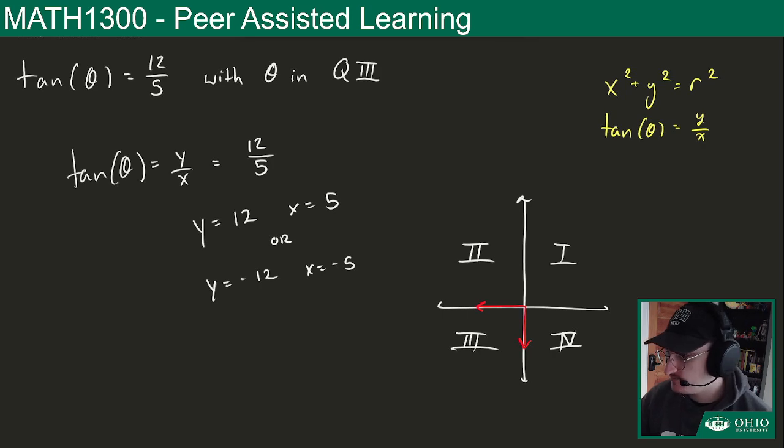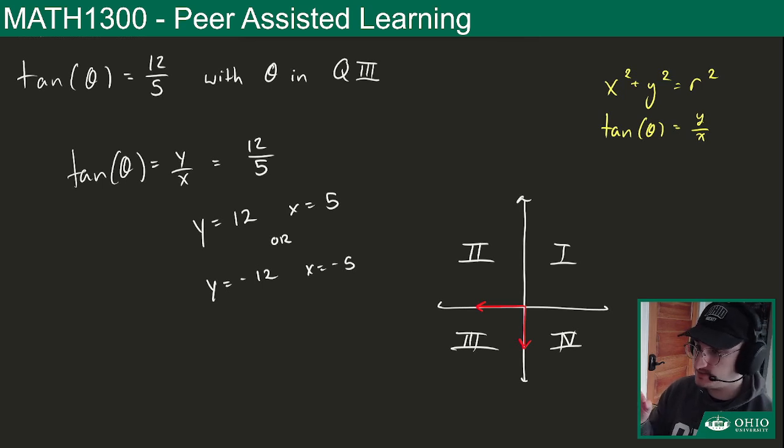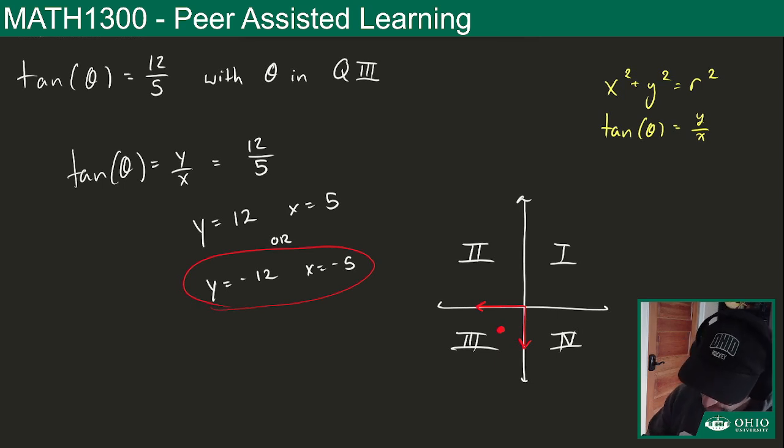To have both a negative x and negative y lands us in quadrant 3, and that tells us that this is the case we have: a negative y and negative x. So the actual values of x and y that tangent is going to give us are x equals negative 5 and y equals negative 12.